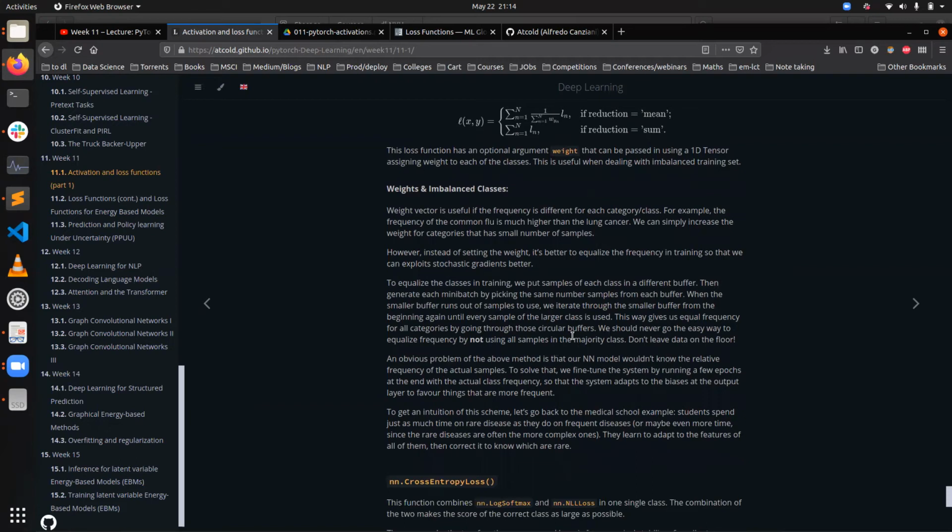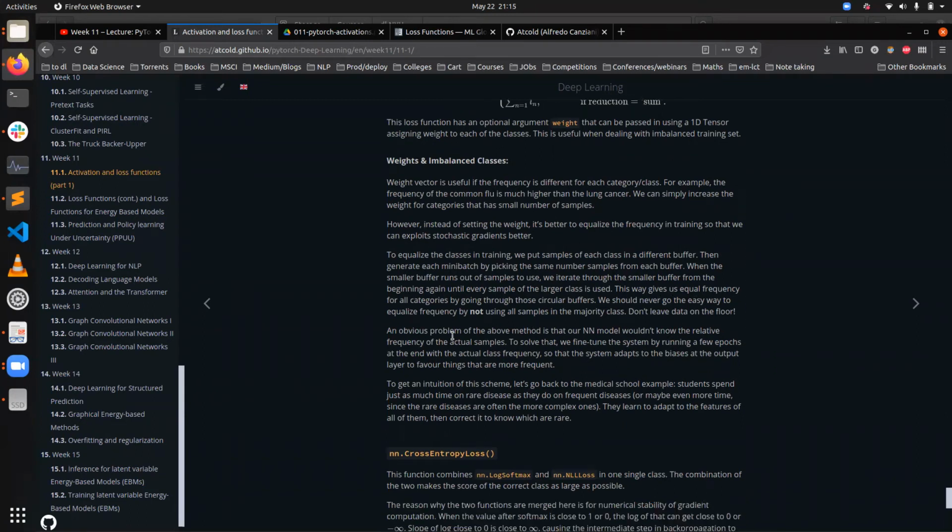The reason that is useful is the system just develops good features for all the classes, including the rare ones. And one problem with this is that once you train your model with equal frequencies, that may not reflect the real life scenario, right?